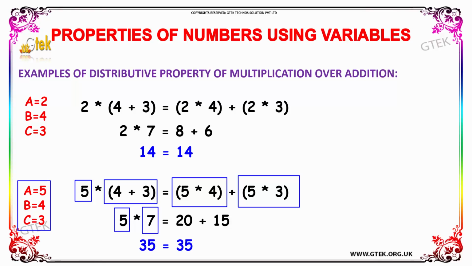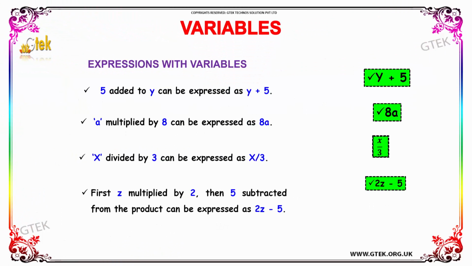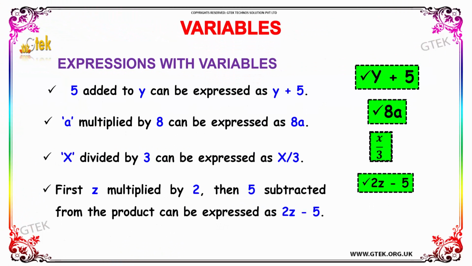Adding these two, it's 7, multiplying 5 into 4 is 20, and 5 into 3 gives 15. So multiplying 5 into 7, it's 35. Adding these two, we'll get 35. Hence, the distributive property of multiplication over addition is represented with examples.